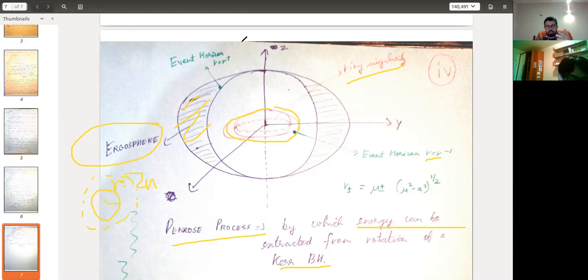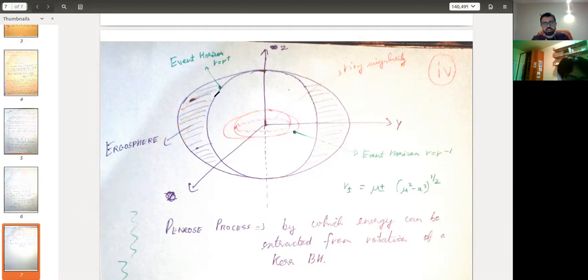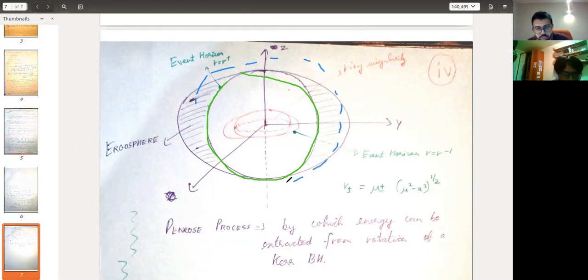Similarly, in Kerr space-time, this is the outer horizon over here. There are some particle orbits somewhere outside the horizon, which would be the innermost stable orbits. So those would be there.